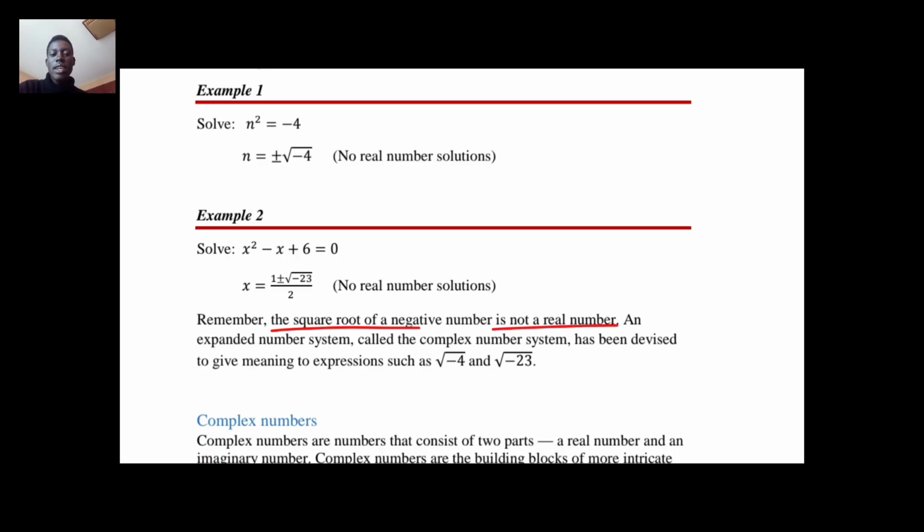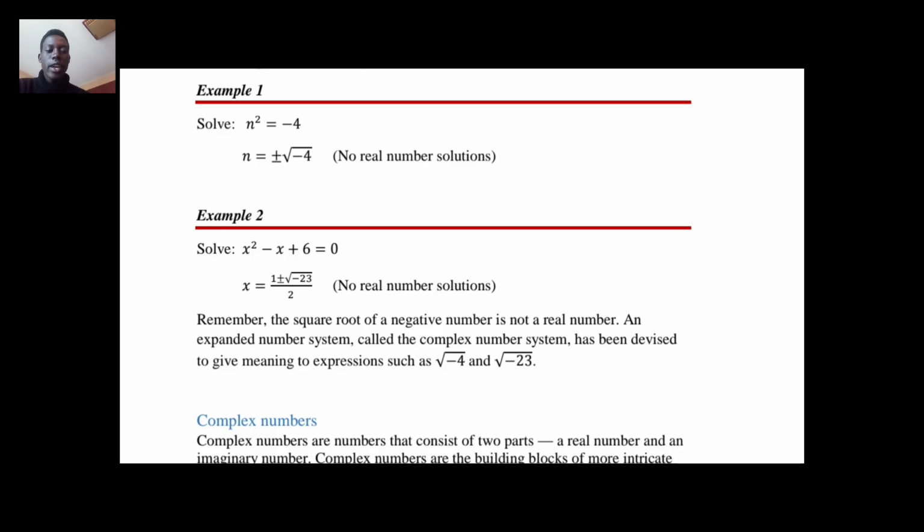An expanded system called the complex number system has been devised to give a meaning to expressions like this one. So a complex number has been introduced to give solutions for numbers which have negative numbers under the root.